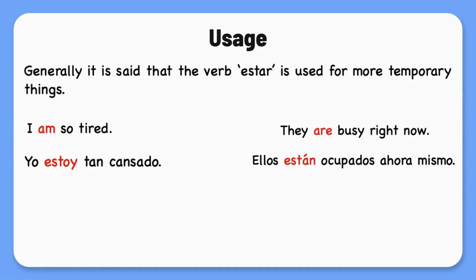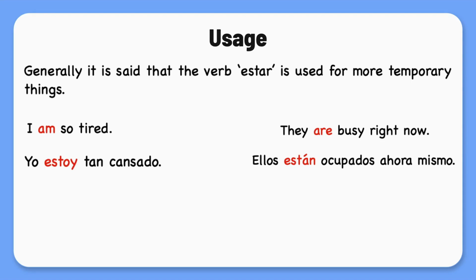If we go back, I am so tired. They are busy right now. Yo estoy tan cansado. This is a condition. You are tired at the moment, but it is a change in condition. You were not always tired, and now you are tired. You will not be tired after you rest. It is a change. They are busy right now.